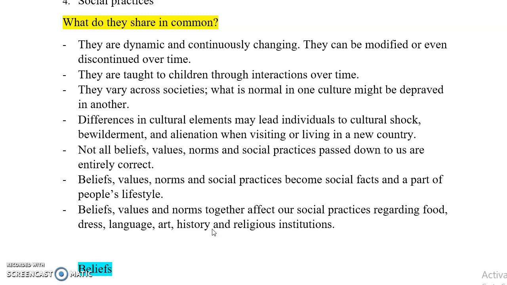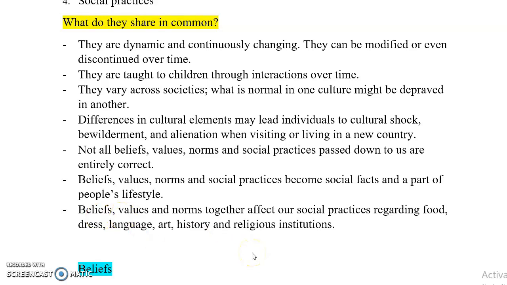So this is in our religious beliefs, and this affects our social practices, so that we find some people don't cook a huge amount of food or meals because of their beliefs. And you have so many other examples.